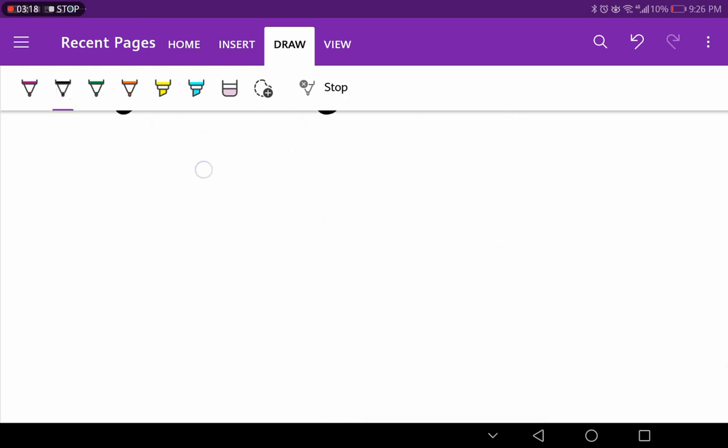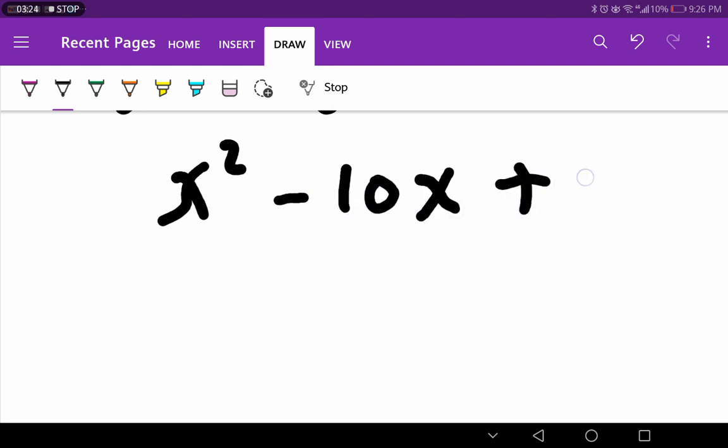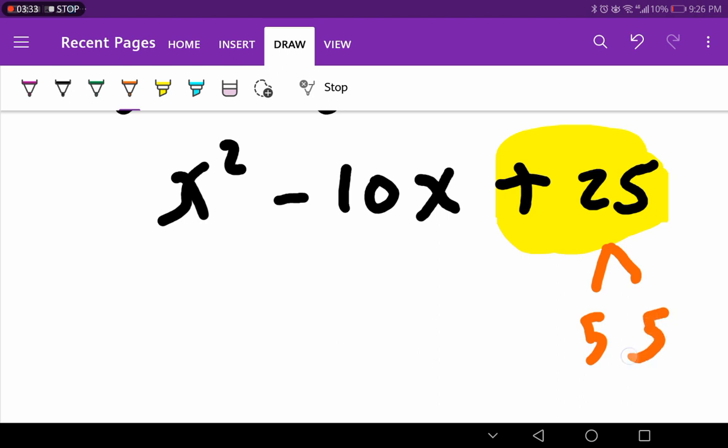Yes. For example, x square minus 10x plus 25. Actually I have a perfect square here, and this is coming from 5 multiply 5.